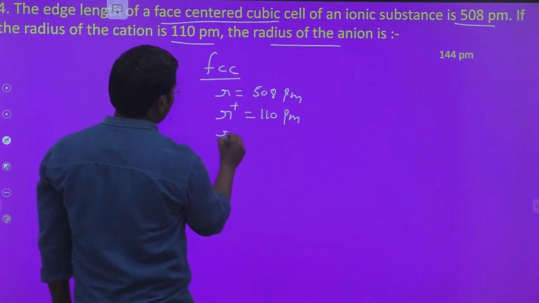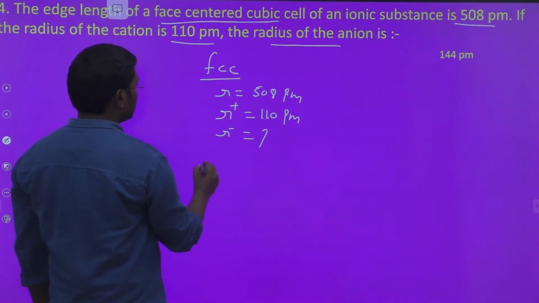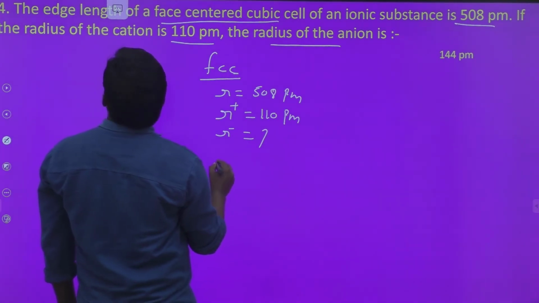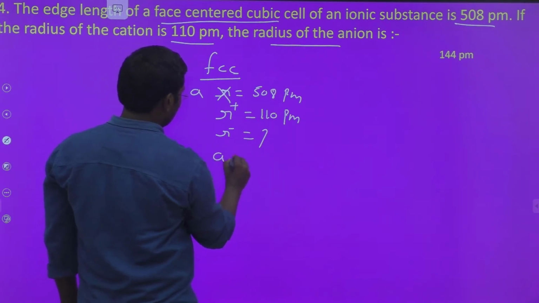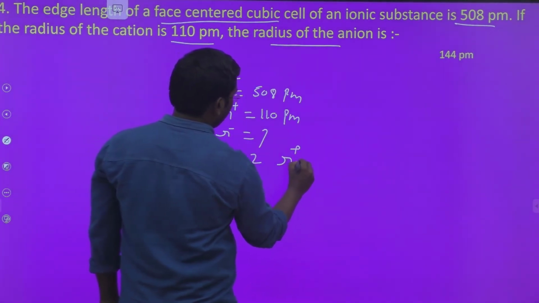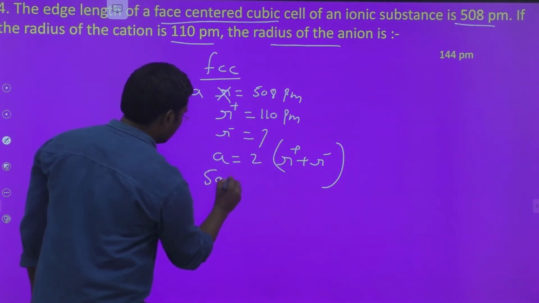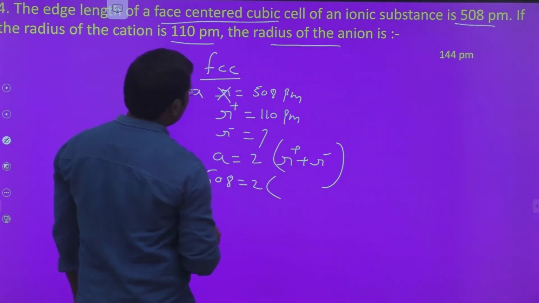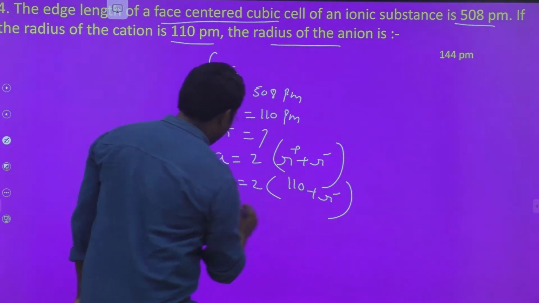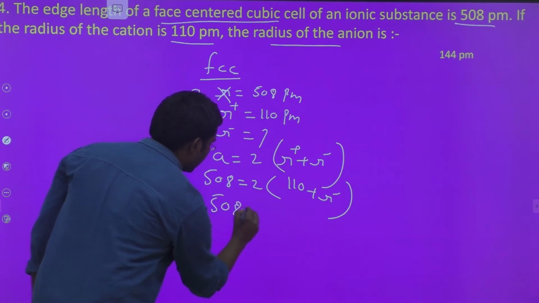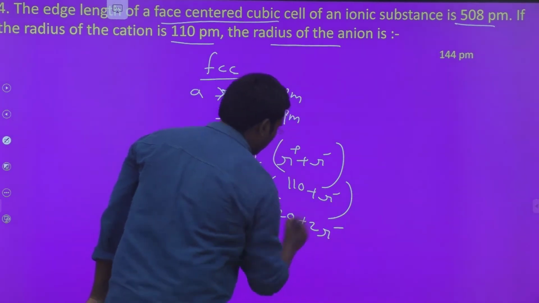In FCC the relation is: edge length a is equal to 2 into (r plus plus r minus). So a is equal to 508, this is equal to 2 into (110 plus r minus). This is equal to 220 plus 2r minus.